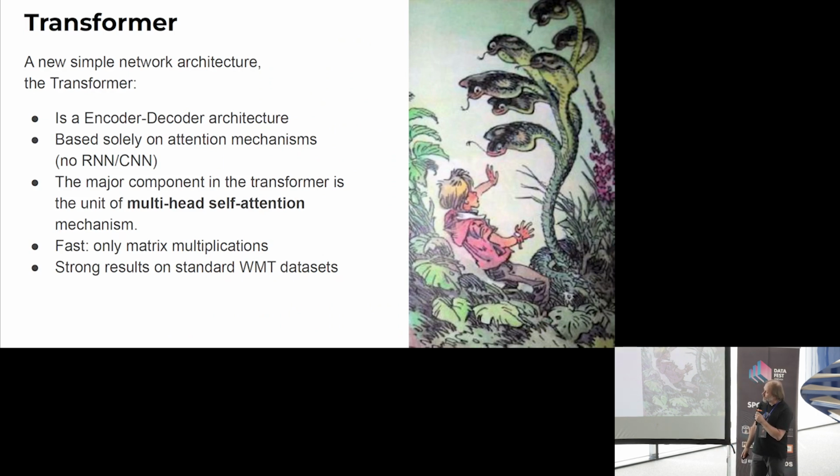What's important is that the Transformer started using a new block called multi-head self-attention. It was much better in terms of computational efficiency. It was easily parallelized, and suddenly people were able to train really large models, and that gave rise to all these LLMs we have right now.